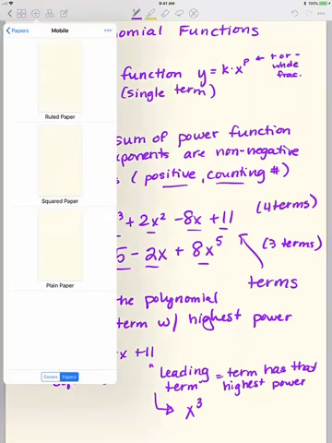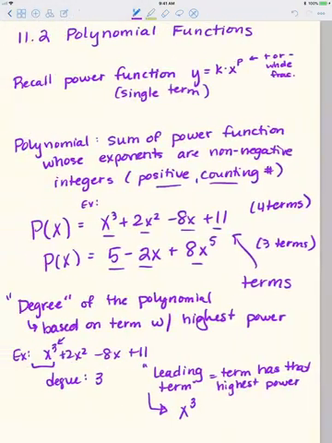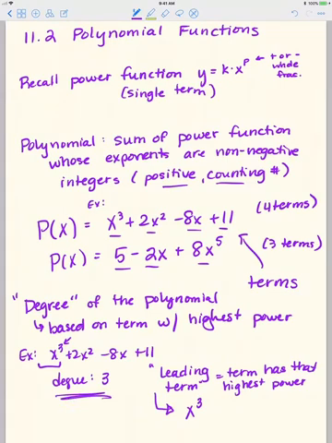So then we have the degree you have to pick out. You have to be able to identify the leading term. You might also be asked how many terms it has. So like for this example, if it says how many terms does it have, there's 4, right? We got 1, 2, 3, 4. So the degree, the leading term, the number of terms.